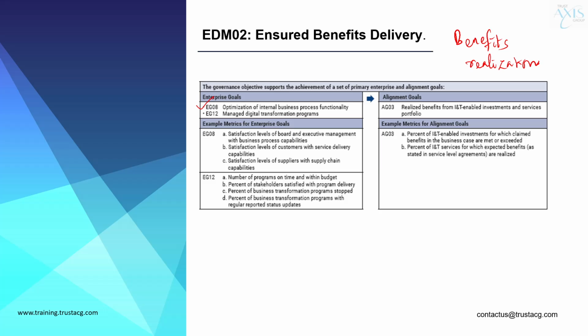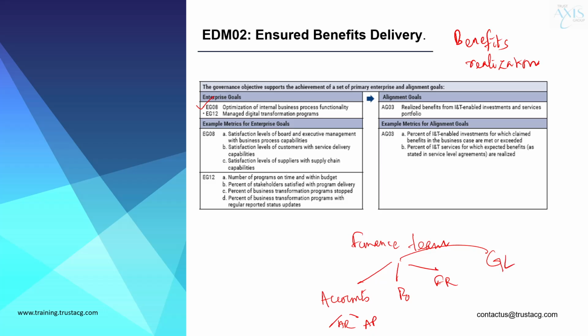Like, say, for example, you have the finance team, right? And in the finance team, there could be multiple tasks. For example, maintaining the accounts. When I say accounts, accounts payable, accounts receivable, or managing the purchase orders within the enterprise, or creating the financial reports, or maintaining the general ledgers, etc. Now, these are business processes, right?